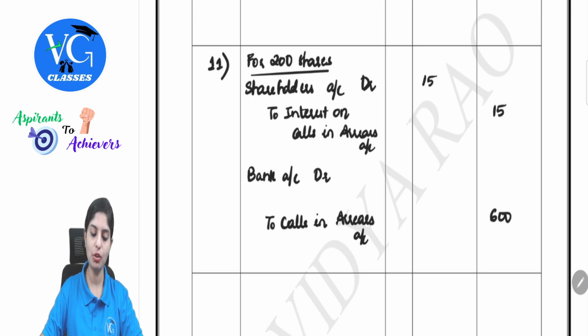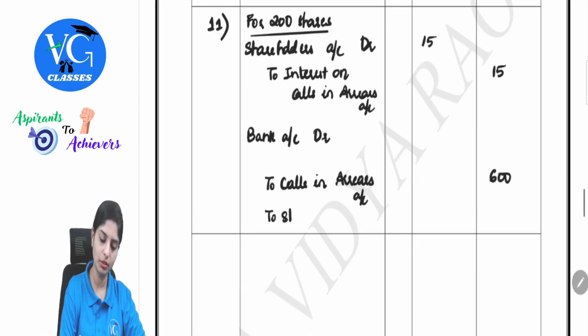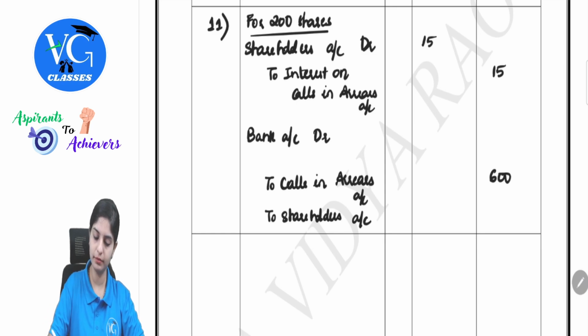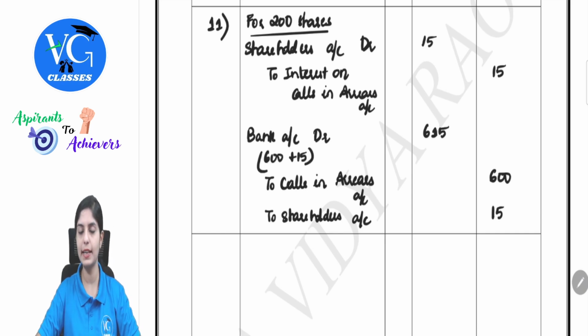So interest on calls in arrears is nothing but to be paid. Who will pay you? Shareholder. So to shareholders account. So 600 plus 15. This is 15 rupees. 600 plus 15. All of you understood this entry.